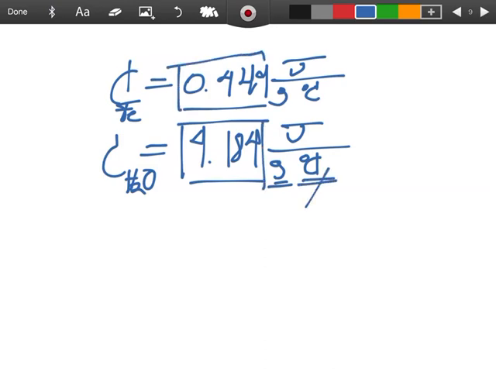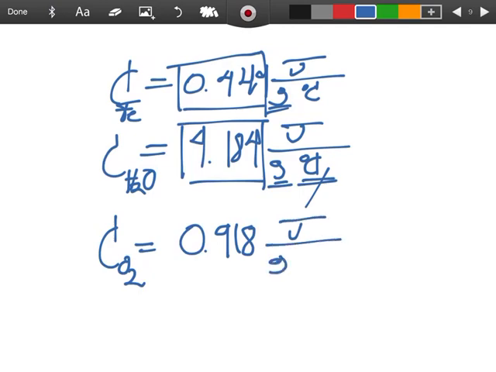And the same here: we can see that 1 gram of iron can store this amount of energy. And just to take another reference, we can look at oxygen, because gases can have the same property too. They are pure substances, and it's going to be 0.918 joules over gram Celsius. So you can see that it's in the middle of both of them. Very well. So let's continue.